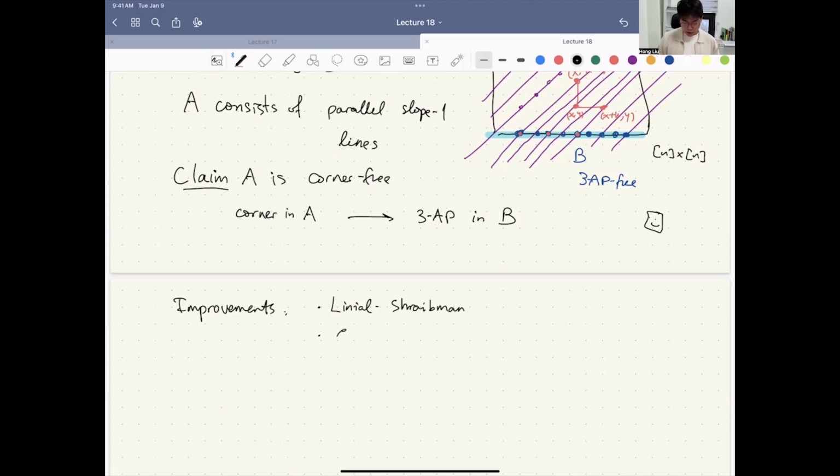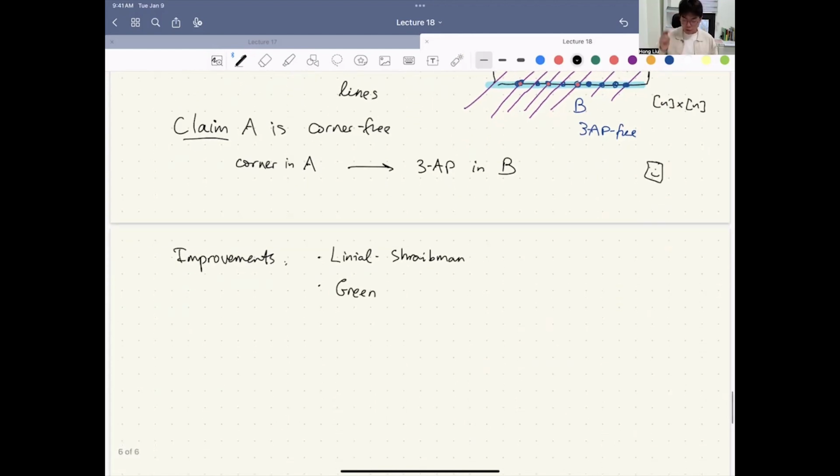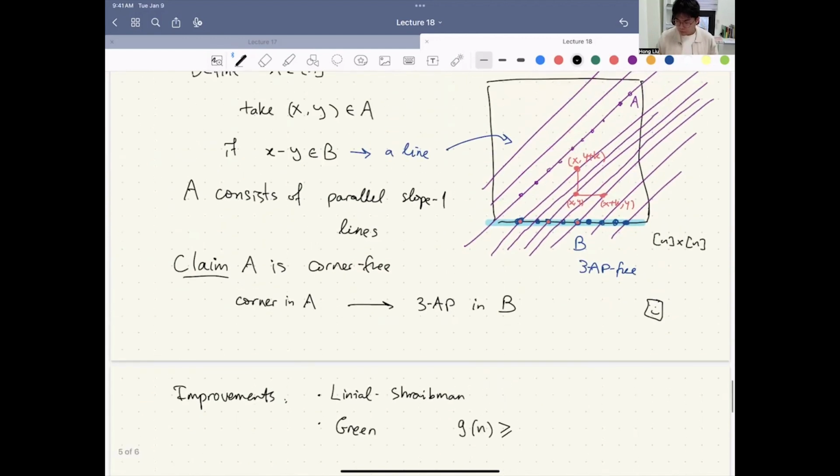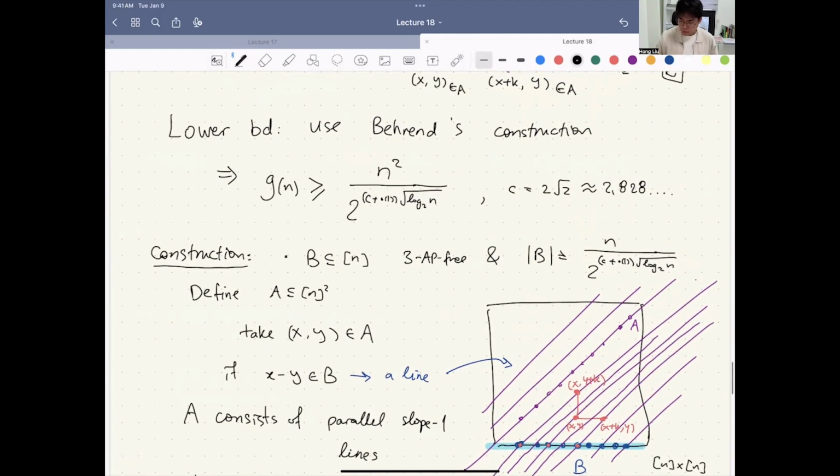We're going to see Green's construction. We will achieve G of n is at least the same form, where the constant C is improved.